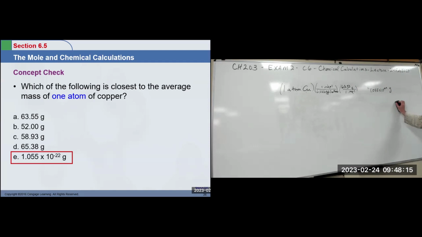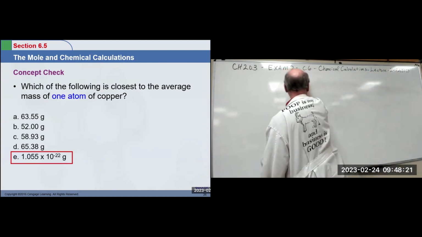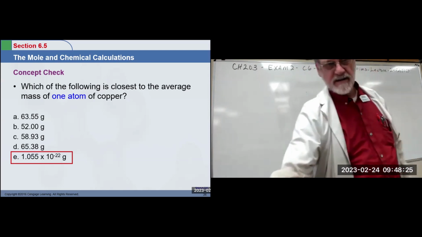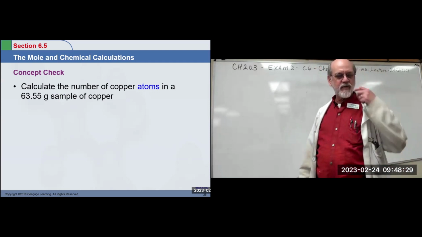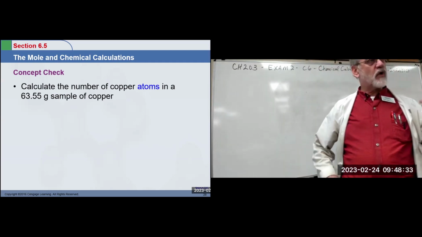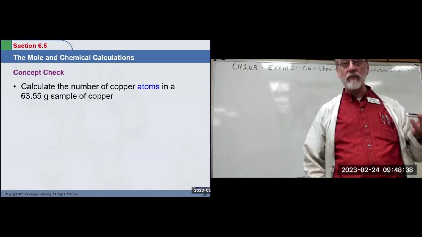What's the number of copper atoms in a 63.55 gram sample of copper? We just determined the molar mass of copper is 63.55 grams per mole, right?